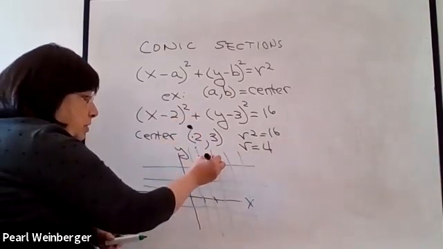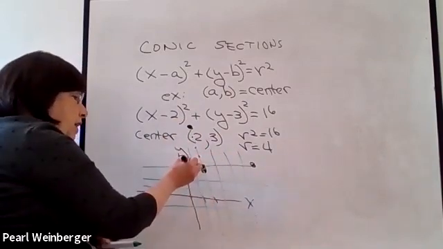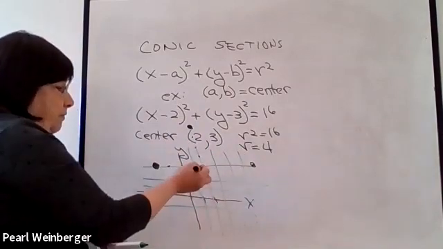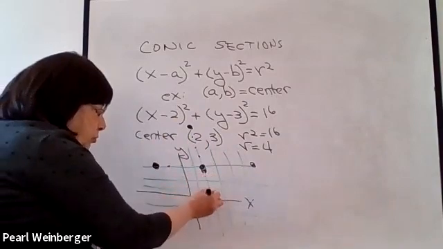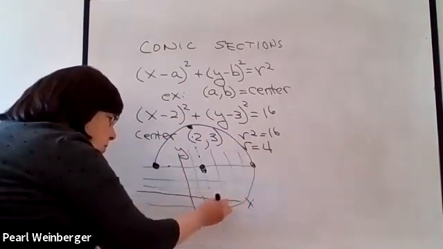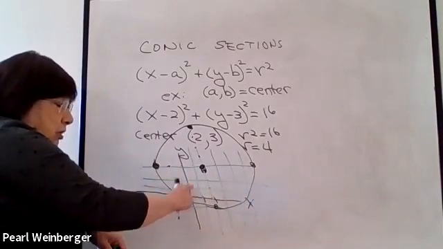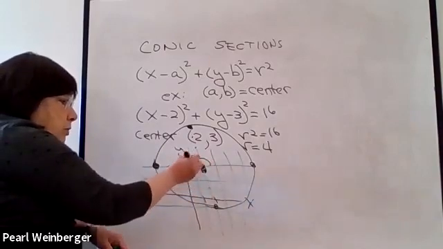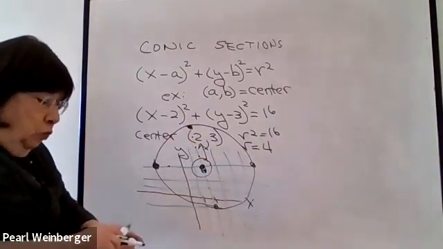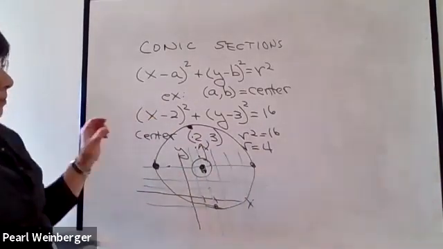From the center, 4 to the right: 1, 2, 3, 4. 4 to the left: 1, 2, 3, 4. I didn't put in all the lines. And 4 down: 1, 2, 3, 4. And if I connect these points, there's my circle. Instead of starting at the origin, I'm now starting at the point (2, 3). So that's what a circle looks like.